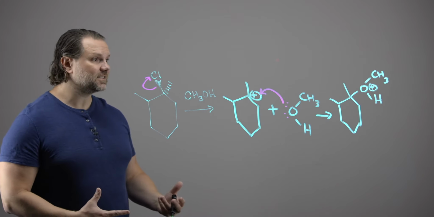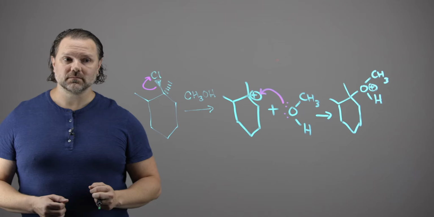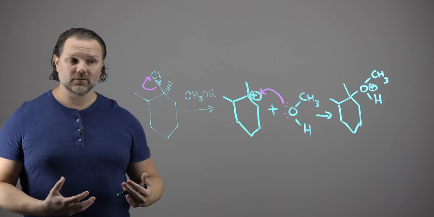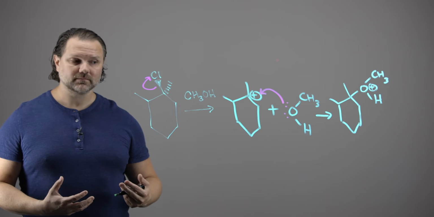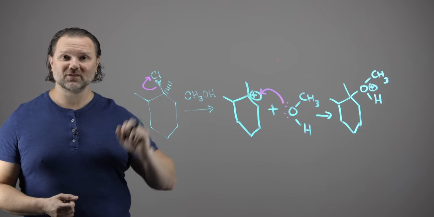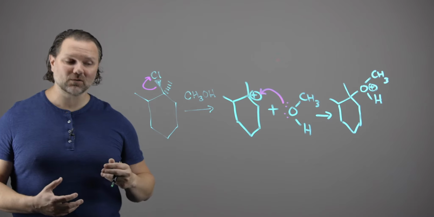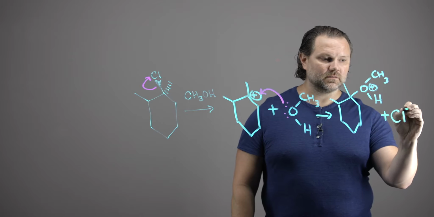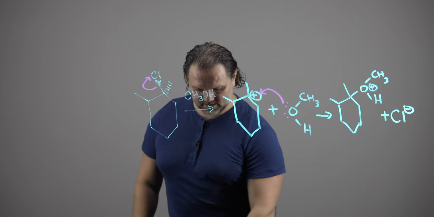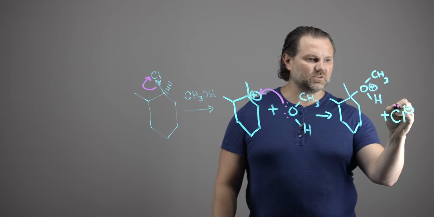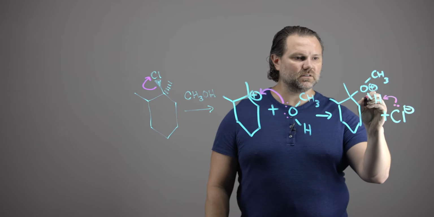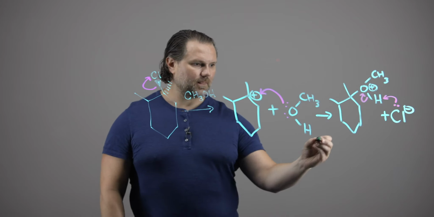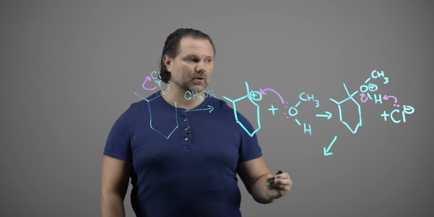What is in our system that could serve as an electron donor and receive that proton? Remember the chlorine? It came off as a chloride ion, and it's still there in our system, and we can use it to abstract this proton, moving the electron pair up onto the oxygen, forming our final product.